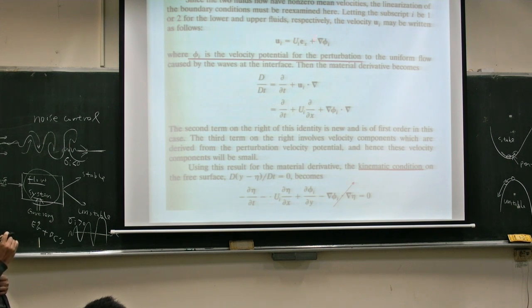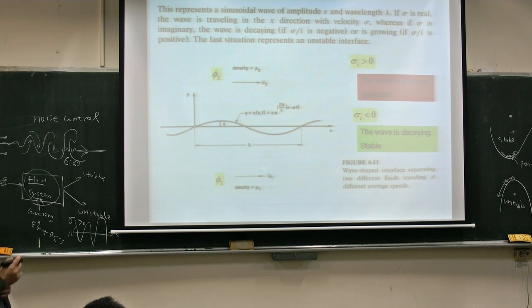So what does this velocity potential represent? It represents the perturbation velocity potential, perturbed by this interface. And as I showed you, our interface initially has a small perturbation.